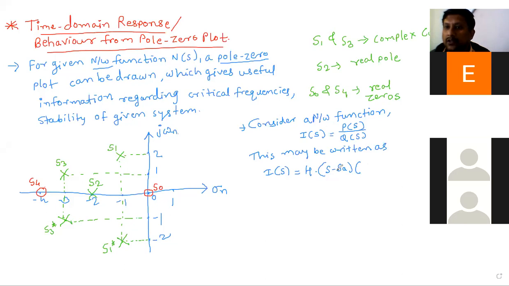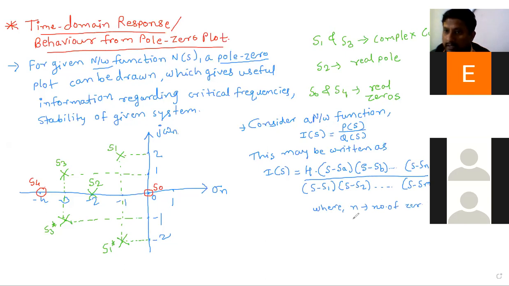So here for the numerator we take S minus SA, S minus SB up to S minus Sn, where n is the number of zeros, divided by S minus S1, S minus S2, up to S minus Sm, where m is the number of poles.